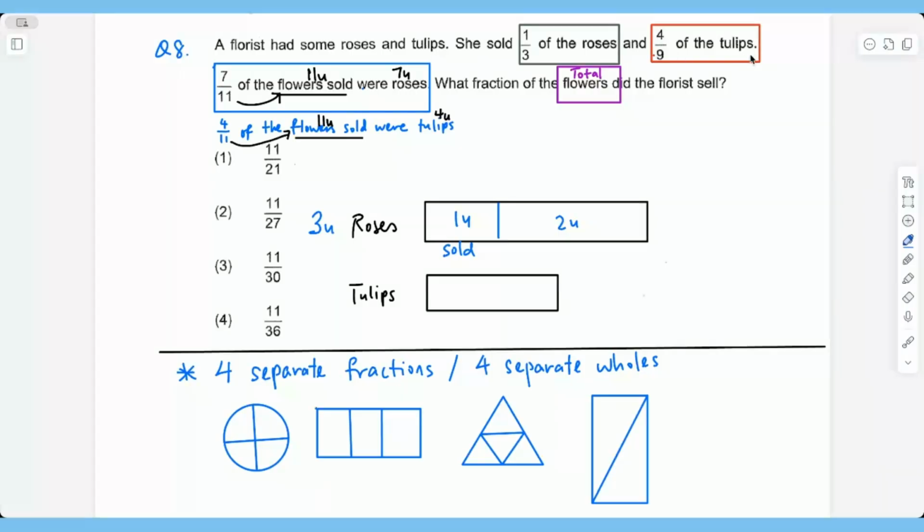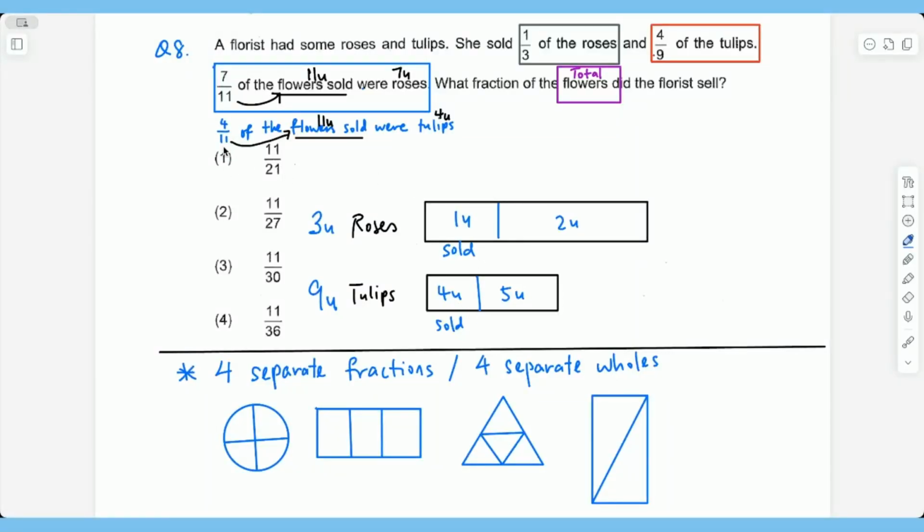For tulips, there were a total of 9 units, and 4 out of 9 of the tulips were sowed. So we have 4 units sowed, and 5 units were left. Now, the 1 unit for roses may or may not be equal to 1 unit for tulip because they are separate fractions.